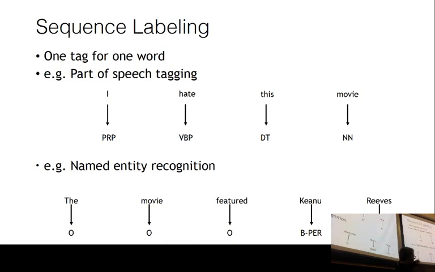So all these O are not named entities. Then Keanu Reeves is a person, so we have a tag like begin person, intermediate or middle person, or end person if someone has 3 names, etc.